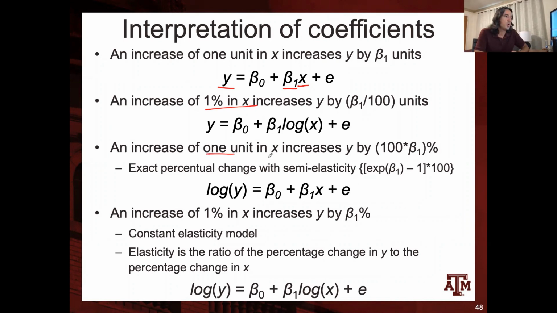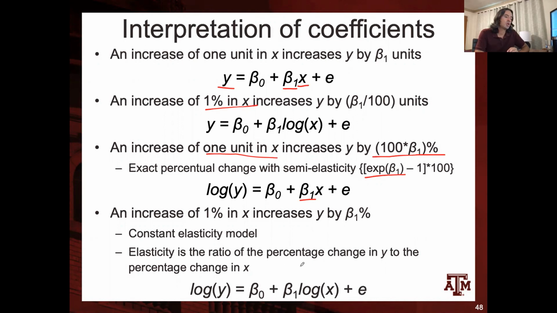The increase in 1 unit in x will increase y by 100 times beta 1%. This is an approximation. If I want to know exactly the effect of x on y when I have this kind of notation, I take the exponential of beta 1, subtract 1, and multiply by 100.